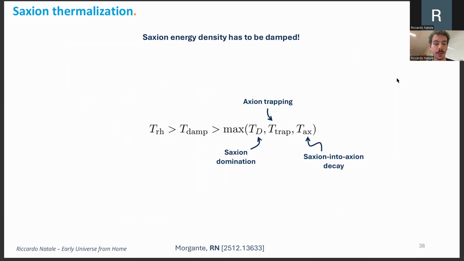For this reason, we impose that the damping of this axion occurs after the reheating, since we want to rely on a thermalization of this axion. So for consistency, we ask it to happen after reheating. And at the same time, it has to happen before the axion dominates, or before the axion gets trapped in the axion potential, and especially before the axion decays into axions.